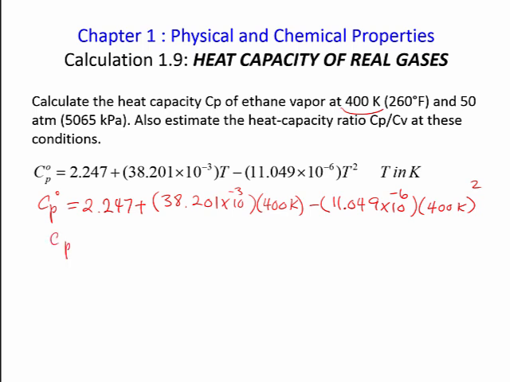Cp would be equal to 15.76 calorie per gram mole per degrees Kelvin.